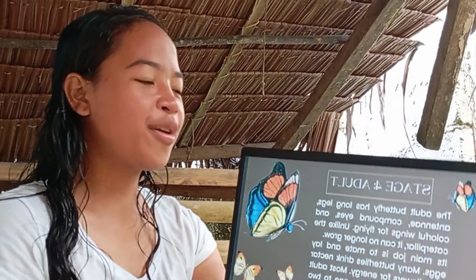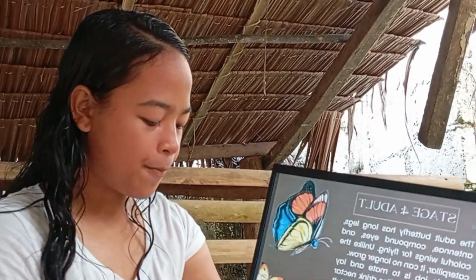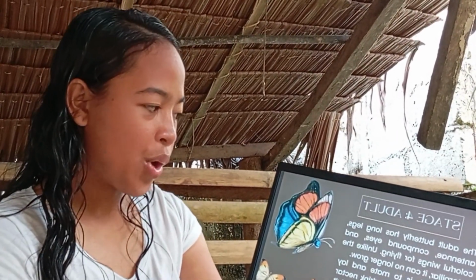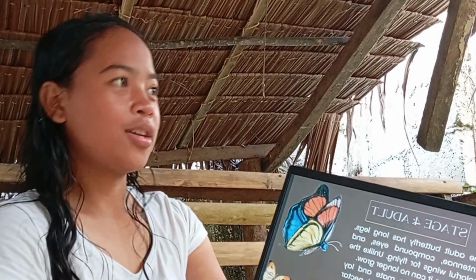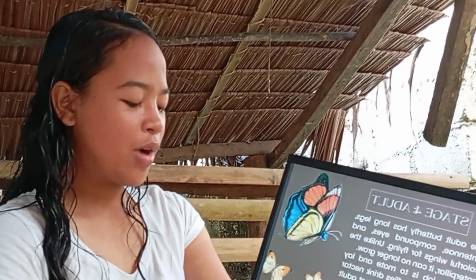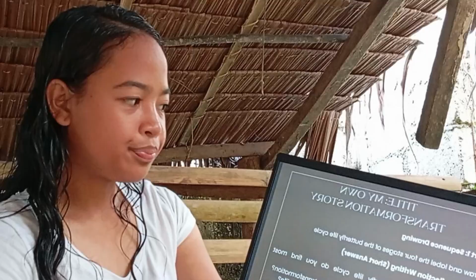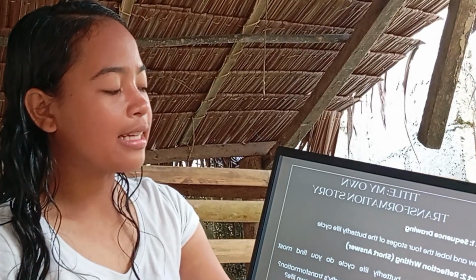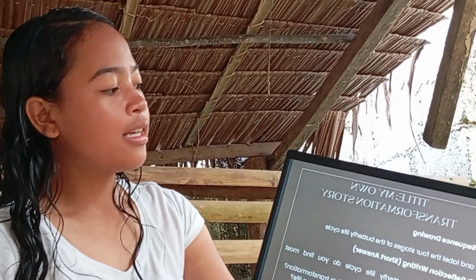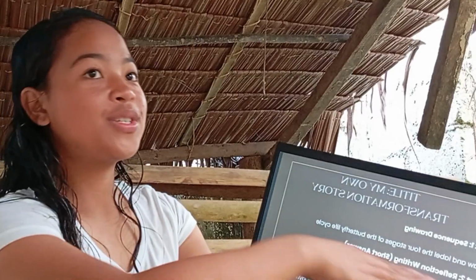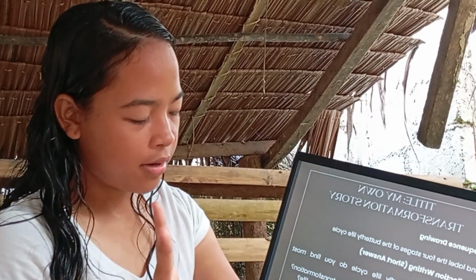Okay, but before we end this topic, I would like to have a short activity to check if you really understand. The activity title is "My Own Transformation Story." There are two types of activity. First is the sequence drawing.